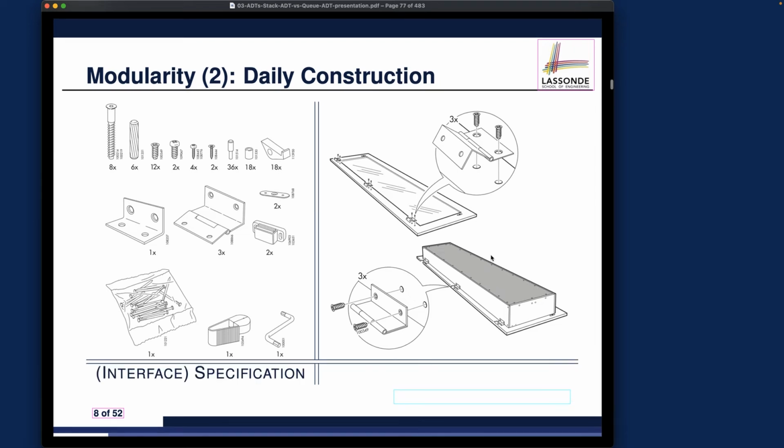So again, we got interface specification of individual modules, and also the assembly of those modules. That's just another nice example for modularity, right? Even though IKEA furniture is very different from Lego toys, the underlying idea about modularity is really the same. I want you to see through the concrete details of the application to the underlying principle for modularity.